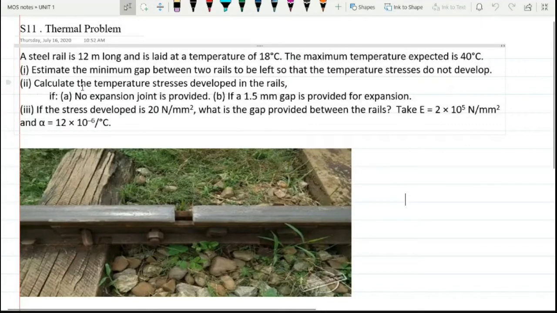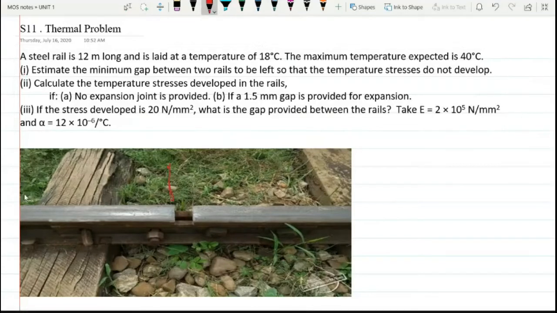Second case, you have to identify the thermal stress developed if there is no gap. That is first case. Another case, if you have a gap of 1.5 mm. And the third one: if the stress developed is 20, what will be the gap?